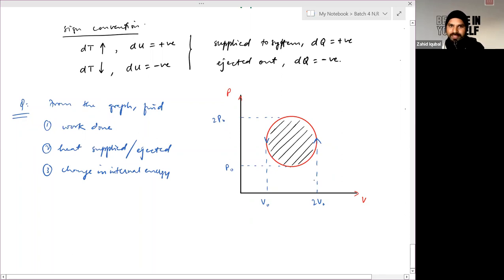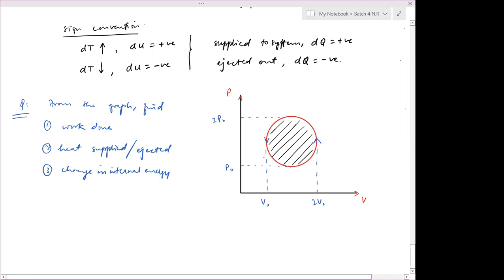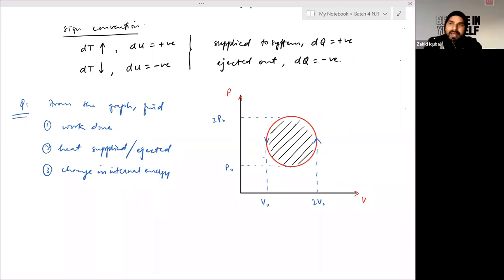Along the x-axis we have volume, and along the y-axis we have pressure. The difference will be the same in the figure, but each is in its own magnitude and unit. In terms of volume, it will be 2 V0 minus V0, and 2 P0 minus P0 gives the pressure difference. So these two differences must not be equal to one another.